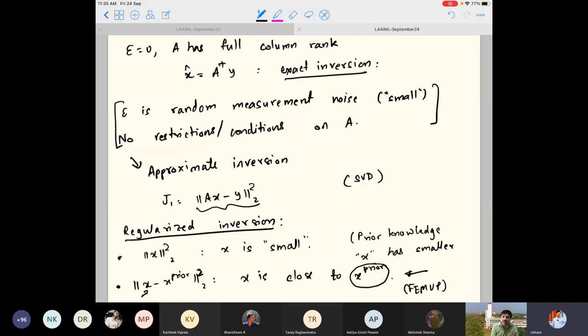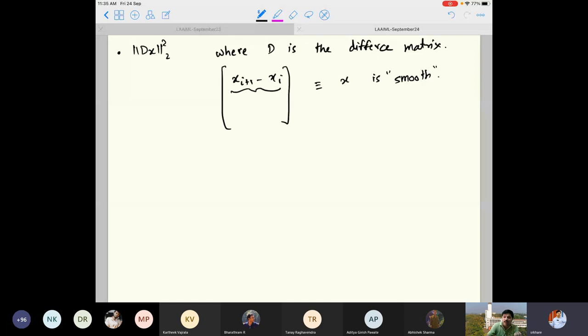Based on the application, these types of smoothness conditions are generally very useful in time series modeling. When you are doing time series modeling, you don't want adjacent time series values, x_t and x_{t+1}, to have a big difference between them.